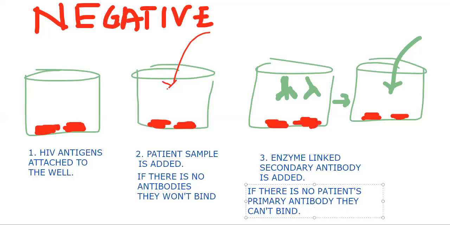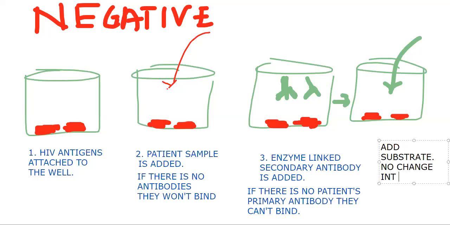If they are not present, they can't bind. That's so simple. Next, the fourth one, add substrate. When we add substrate, there is no change in the color. That means we say that it is negative.